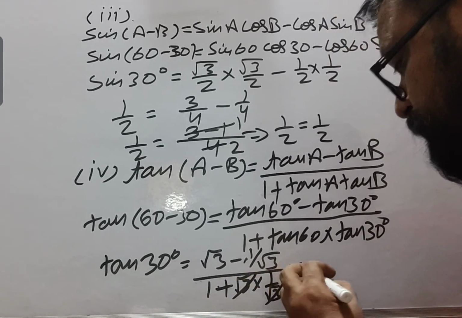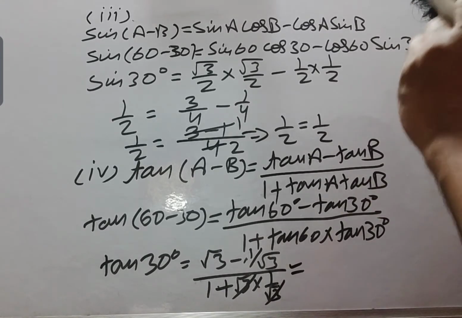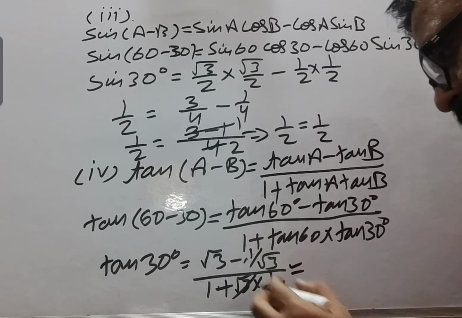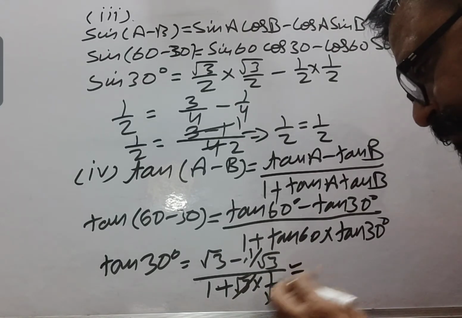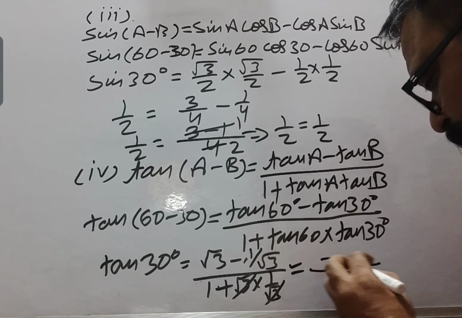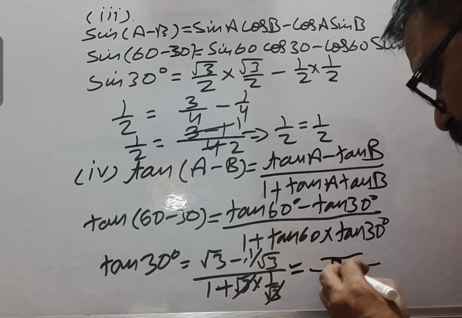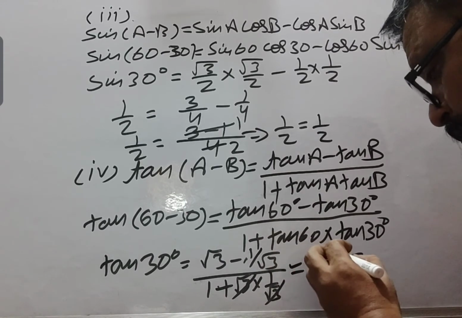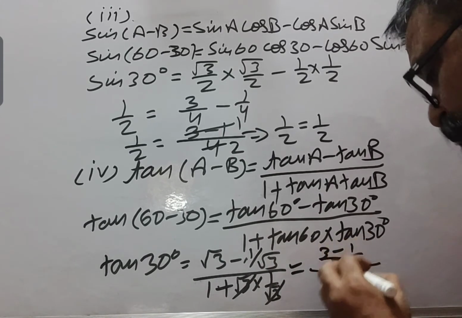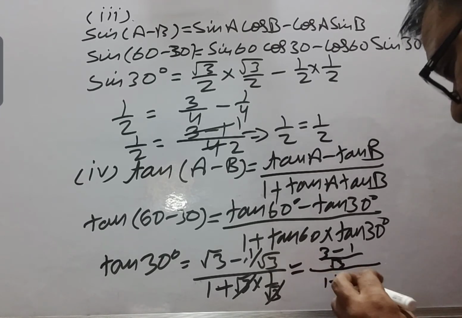The root 3 cancels off, it is 1. Now we have taken root 3 as an LCM, so it becomes 3 minus 1 upon root 3, upon 1 plus 1, which is 2.